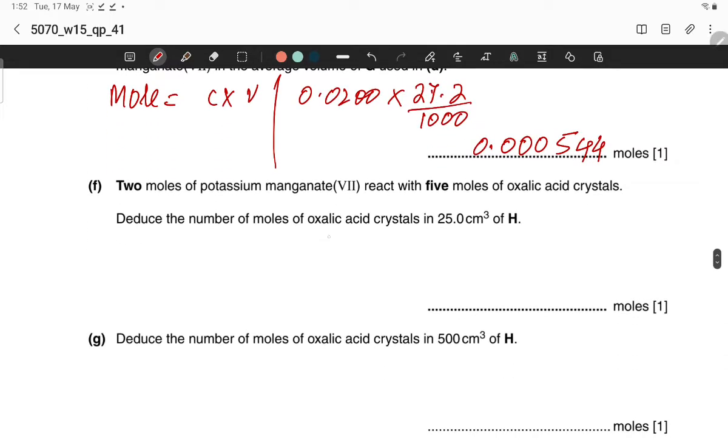Deduce the number of moles of oxalic acid crystal in 25 centimeter cube. So 2 moles of potassium manganate, ratio 2:5.